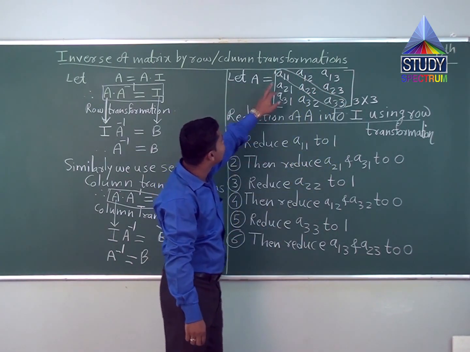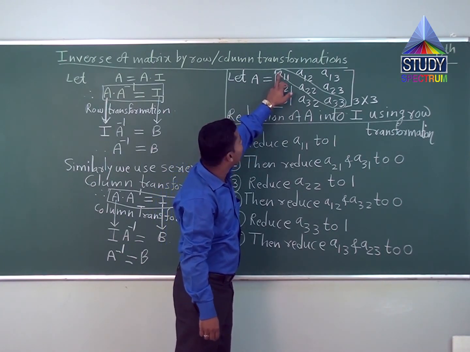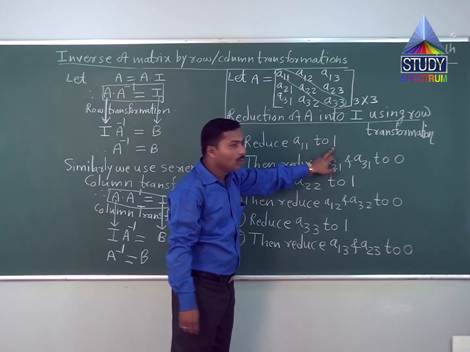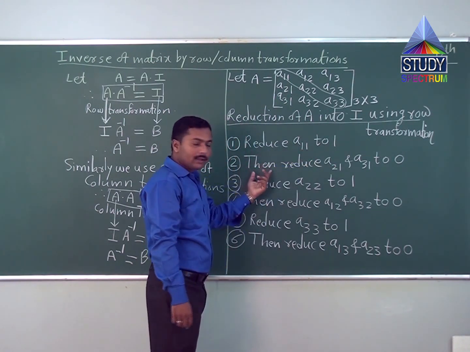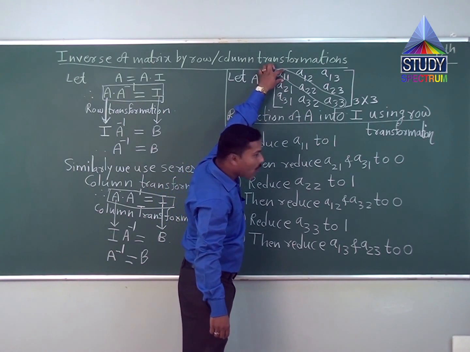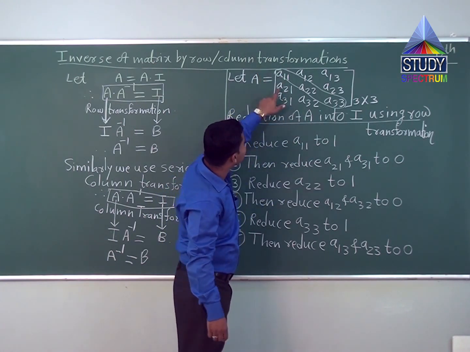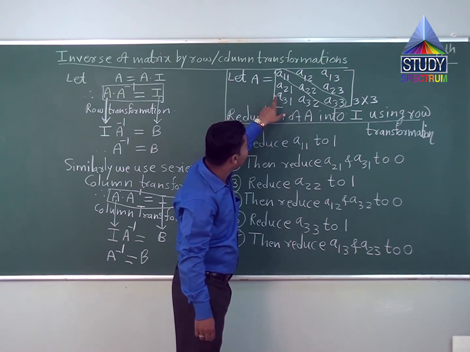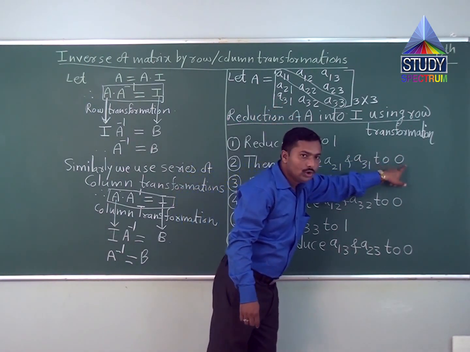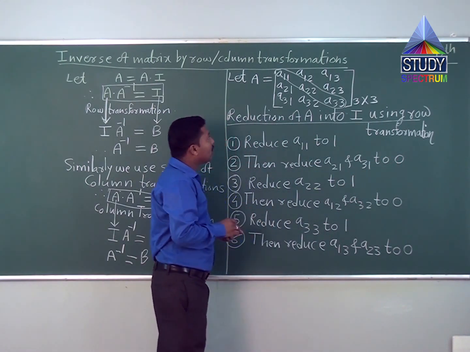So reduce the first diagonal number A11 to 1, and then by using this 1 we reduce A21 and A31 to 0 in the following manner.